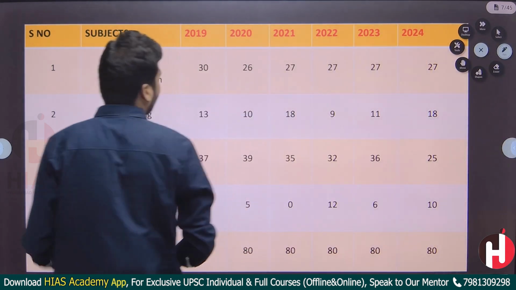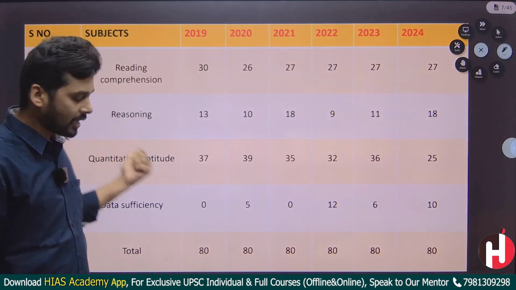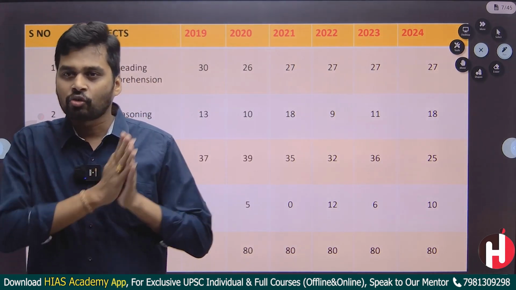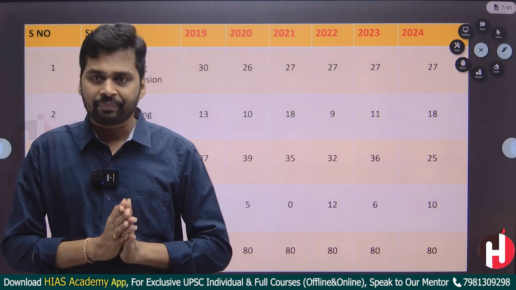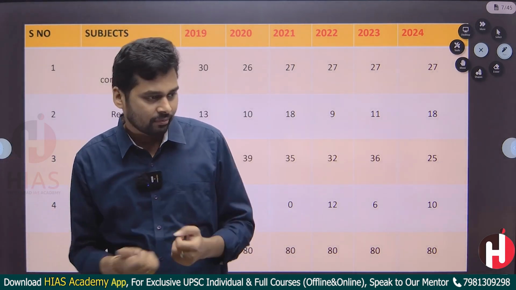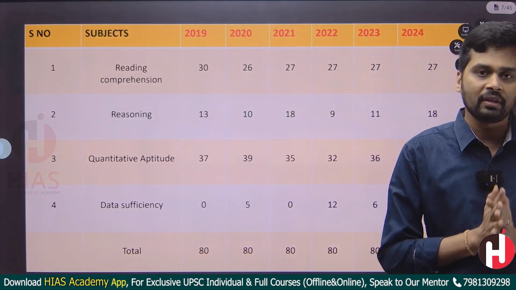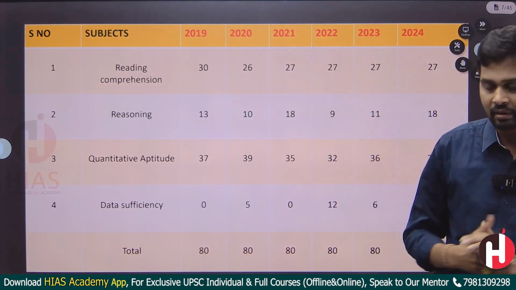Right, so starting from 2019 to 2024 data I have. See, before 2019 the story is completely different. You might be non-math background or math background, it doesn't matter. Most of the students qualified in this paper before 2019.